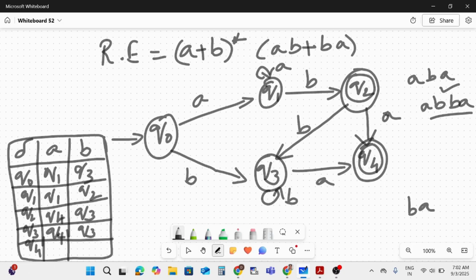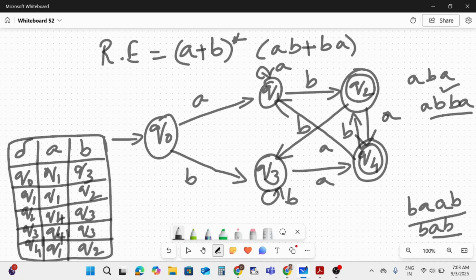Now if we have an input a, it can be sent to the state q1, because it is going to be ending with ab; it will be ending like baa. Similarly, q4 with b: it would have consumed ba, and now b also, it is going to be ending with ab, so it needs to be sent to the q2 state. So this is the DFA.